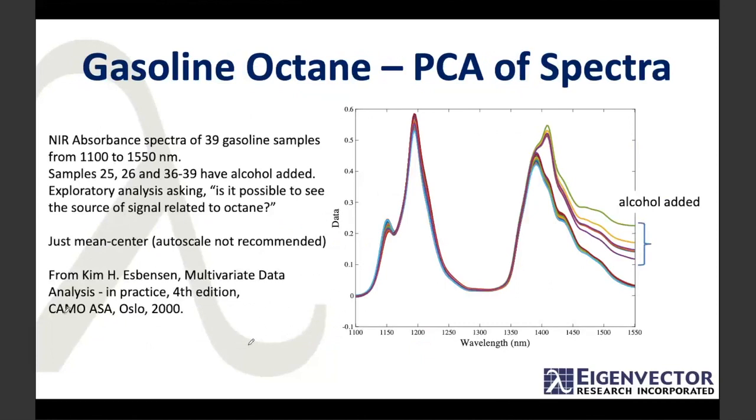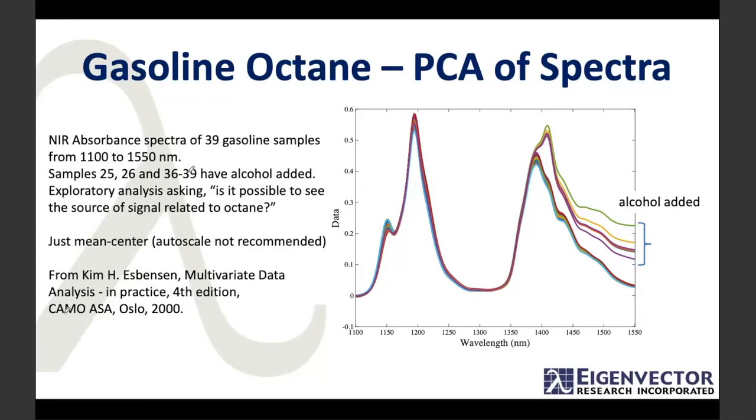All right, we're going to jump into the first of the two examples that we'll be taking a look at here. And this is a data set which is included in the software known as gasoline octane. And it consists of a series of 39 gasoline samples near IR absorbance spectra obtained over the range of 1100 to 1550 nanometers.